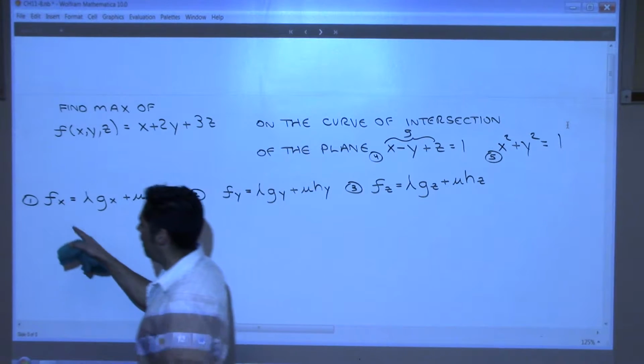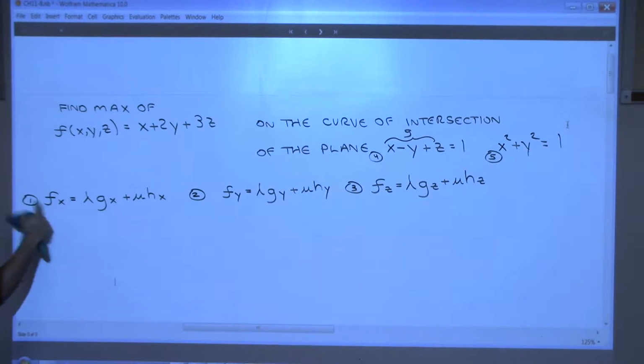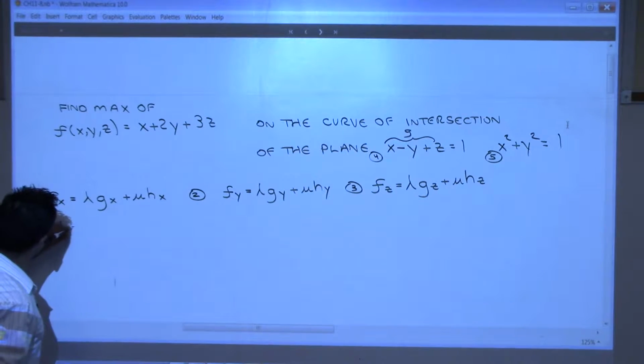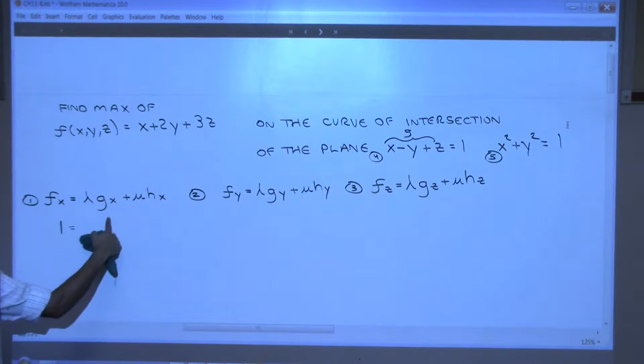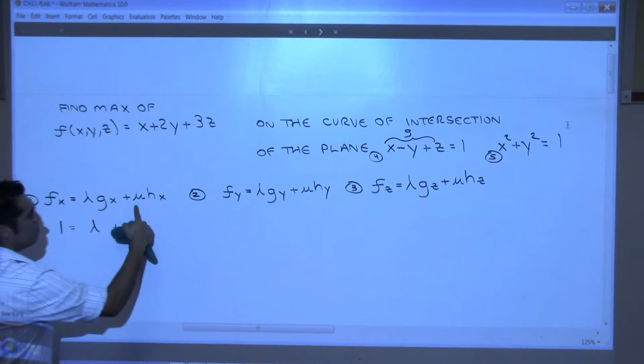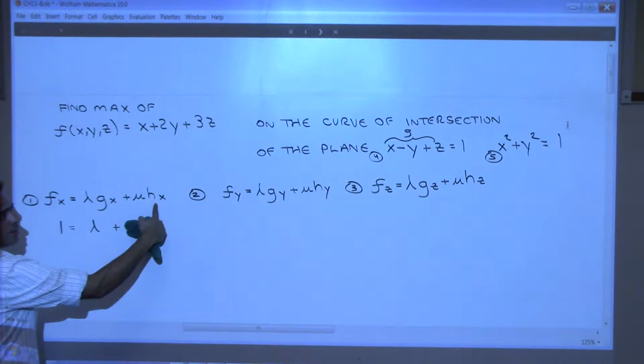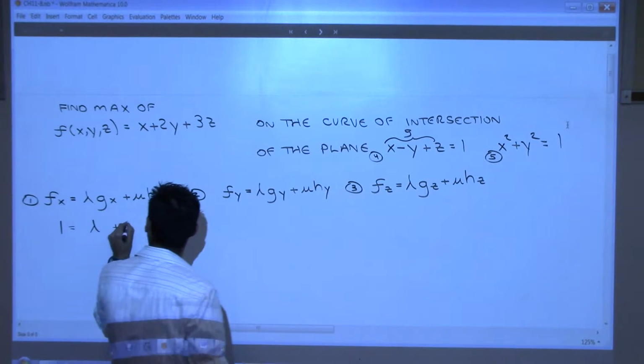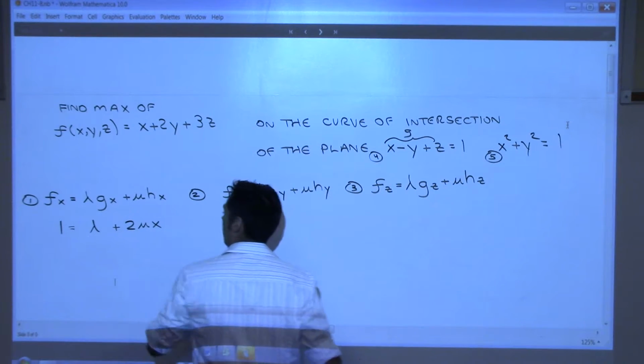What is the partial of f with respect to x? 1. Yes, 1. Lambda times what's partial of g with respect to x? 1, so that's just lambda, isn't it? Plus, what's the partial of h with respect to x? 2x, and then times the mu. So it's going to be 2 mu x. Is that okay?